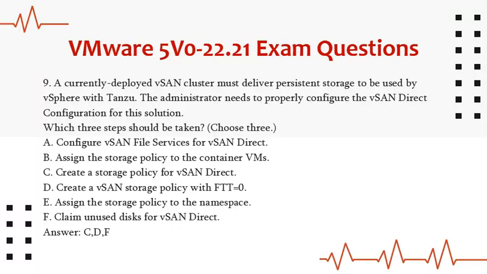B. Assign the storage policy to the container VMs. C. Create a storage policy for vSAN Direct. D. Create a vSAN storage policy with FTT = 0. E. Assign the storage policy to the namespace. F. Claim unused disks for vSAN Direct. Answer: C, D, F.